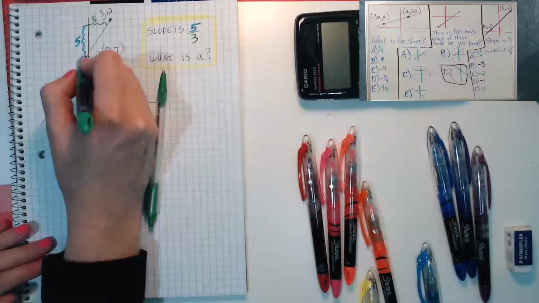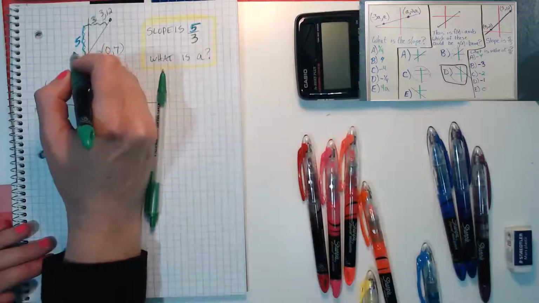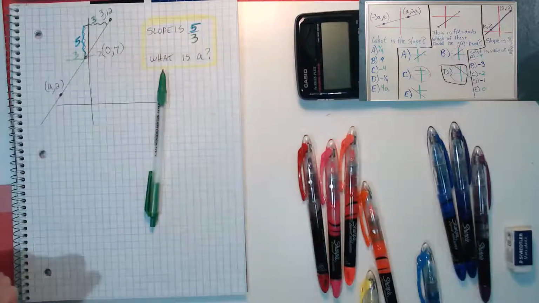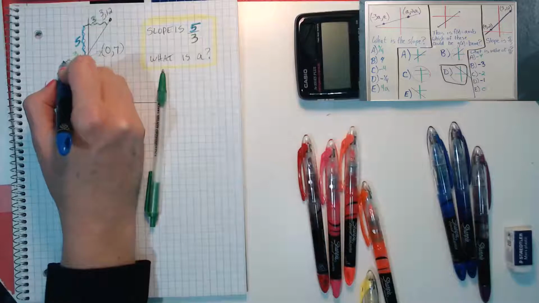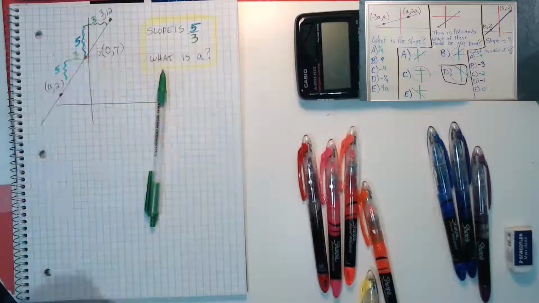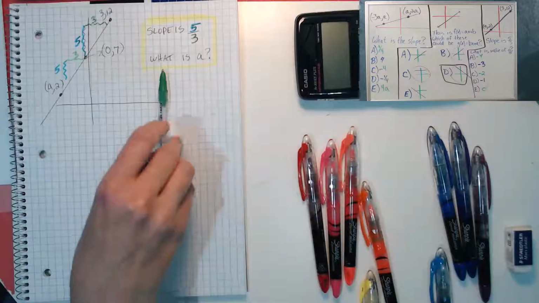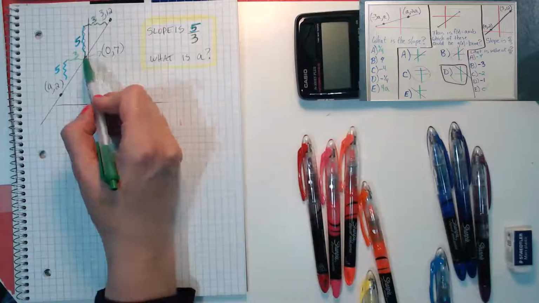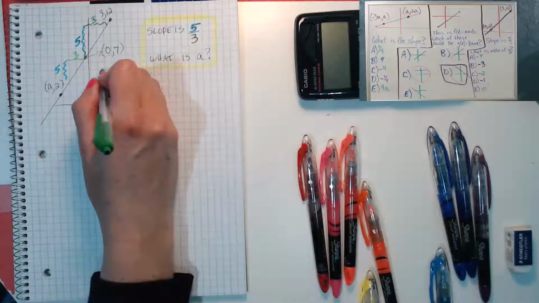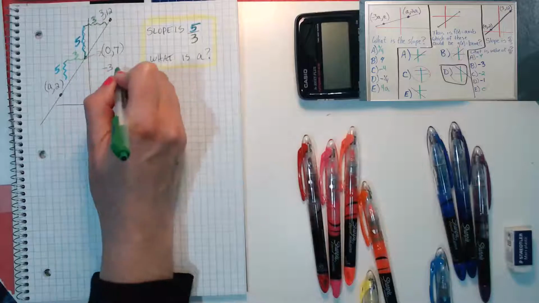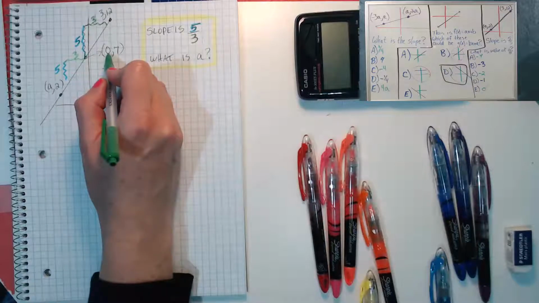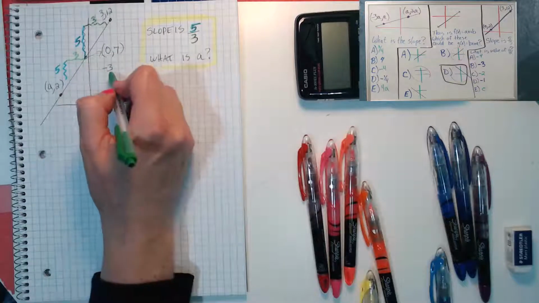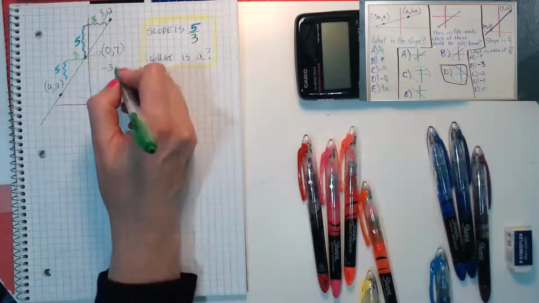Let's try it again. Let's go 3 back and 5 down. Okay. Here again, if I have 0 and I go back 3, what do I end up with? Katya? If I'm at 0 with the x and I go back 3, I'm at what? -3. -3, right?